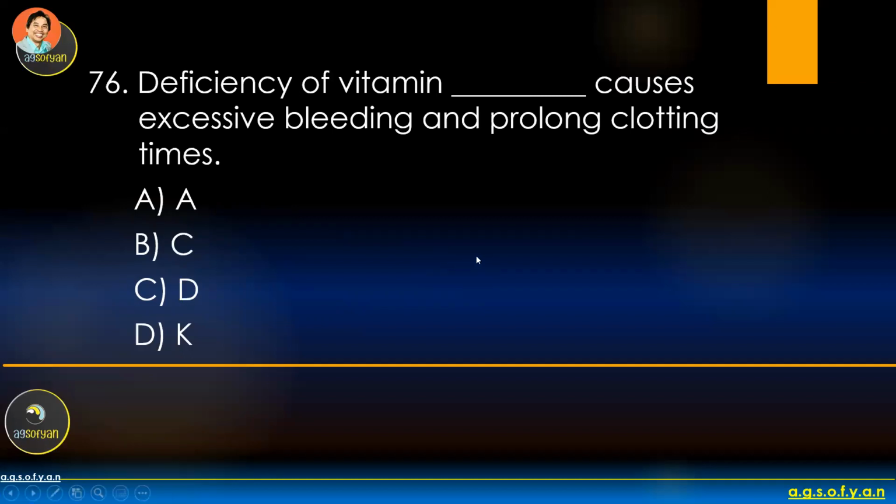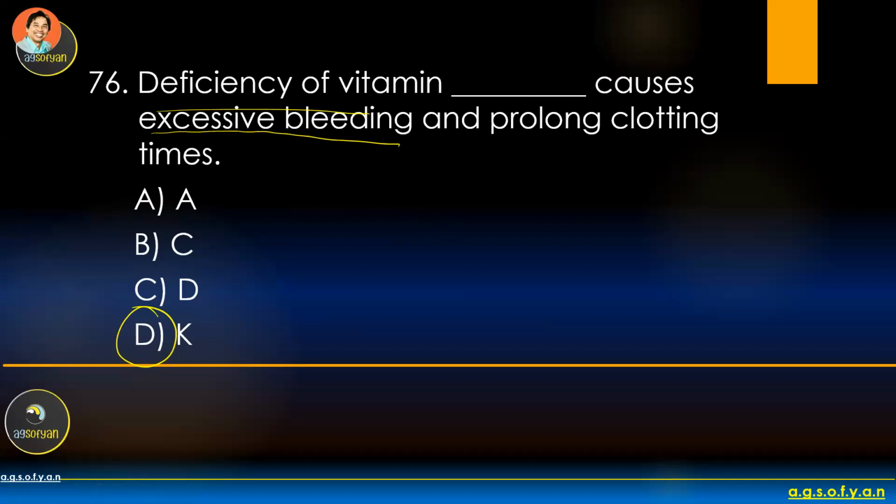Deficiency of vitamin blank causes excessive bleeding and prolonged clotting time. Okay, which one is this? Excessive bleeding. So vitamin K is needed for clotting. This is the one that stops bleeding. Therefore, if we do not have enough vitamin K, then we will have excessive bleeding. Remember, too much vitamin A or vitamin E can also cause excessive bleeding.